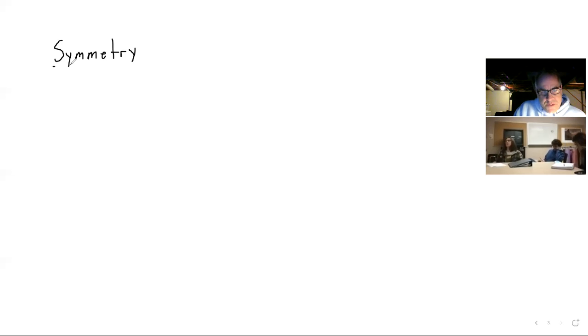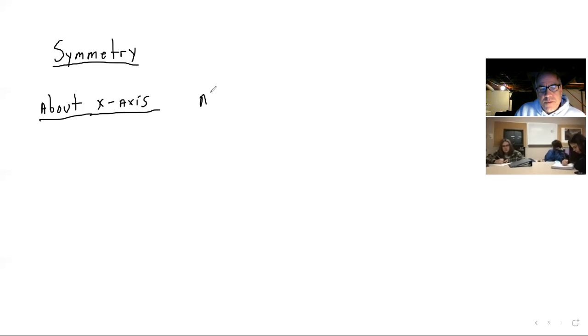In this section, we're going to focus on 3 types of symmetry: about the x-axis, about the y-axis.